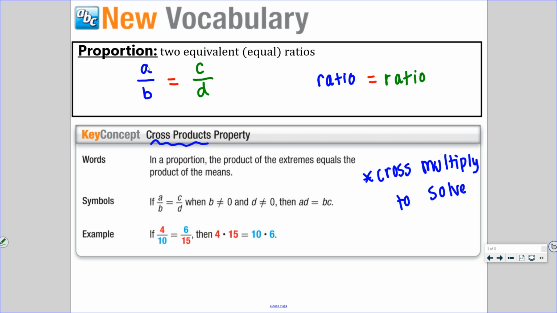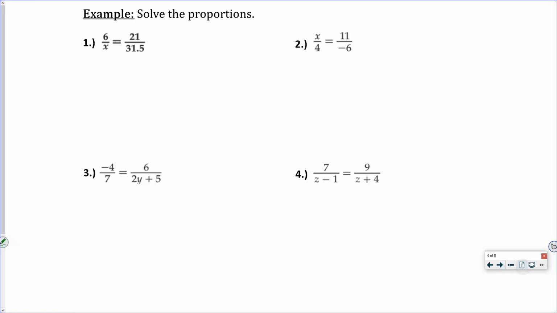If you have A to B ratio, which is the same as C to D, you could do A times D, cross multiply, and that will be the same as B times C. And you can solve from there. Okay, so we cross multiply when we have proportions, not when we're multiplying fractions. We're gonna do a couple algebra ones and then just a couple context ones.